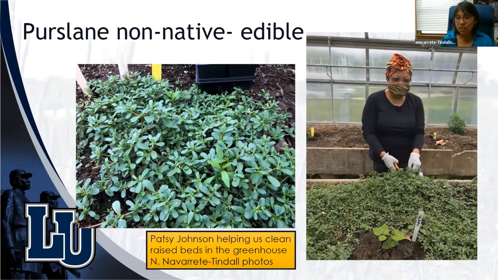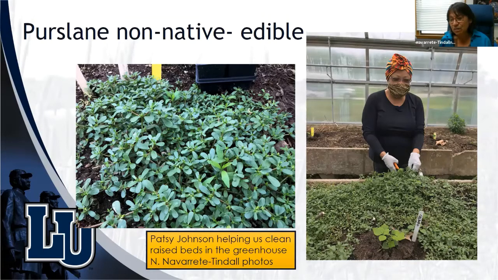But here we have a greenhouse with raised beds, and purslane just established itself. We were growing other things. It was just everywhere. So I started harvesting, and Patsy tried it, and she really liked it. So she was helping us to clean the raised beds, but also took some home. And as far as I remember, she liked them.